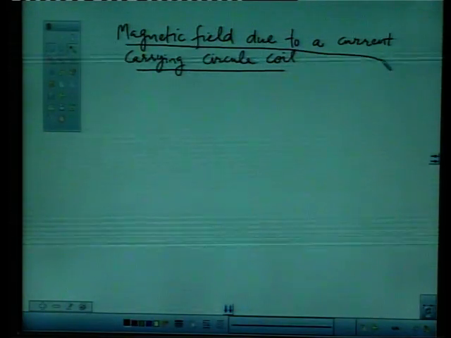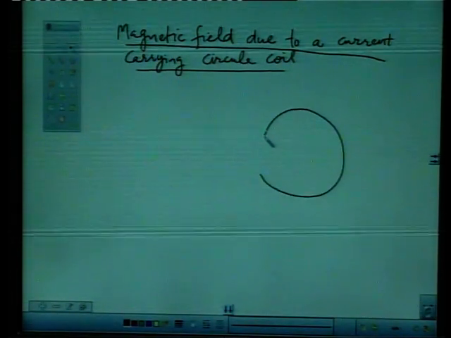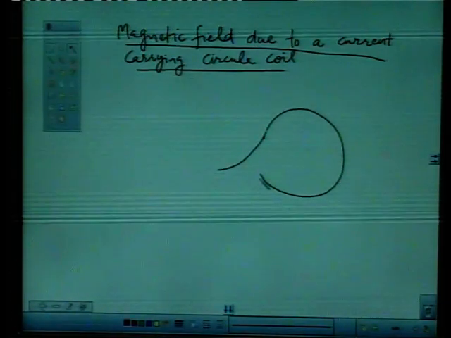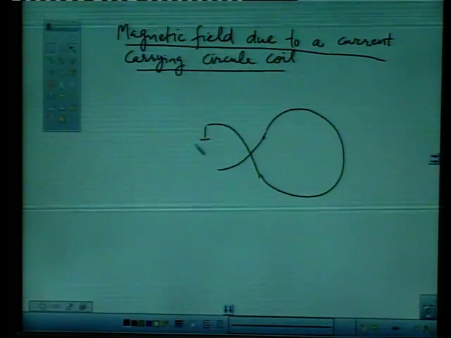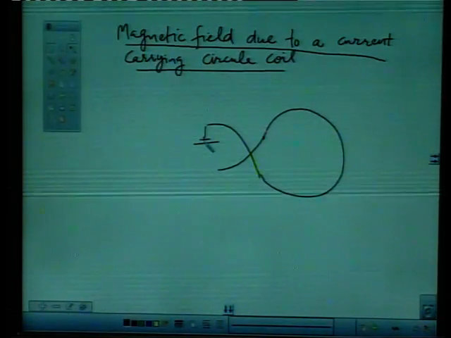So, a circular coil is basically a wire which is in the form of a coil. Let us take a coil, and this coil is connected to a battery.